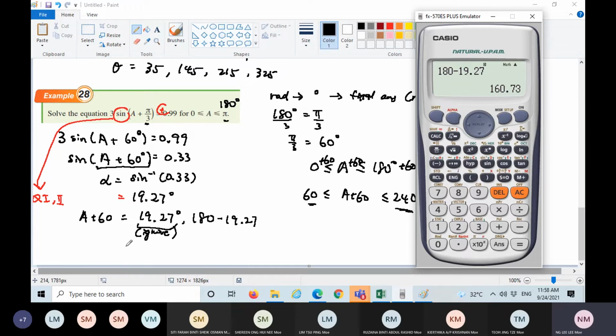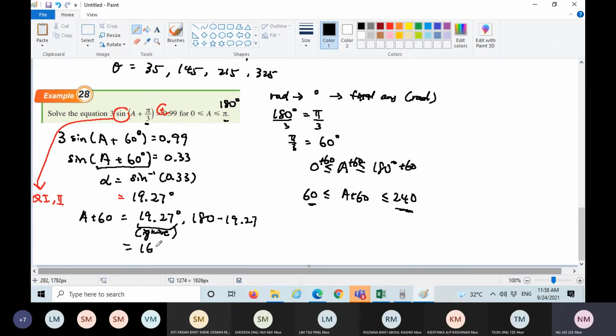So the answer is 160.73, minus 60, so the answer is 100.73. This is in degrees. Okay, change it into radian.